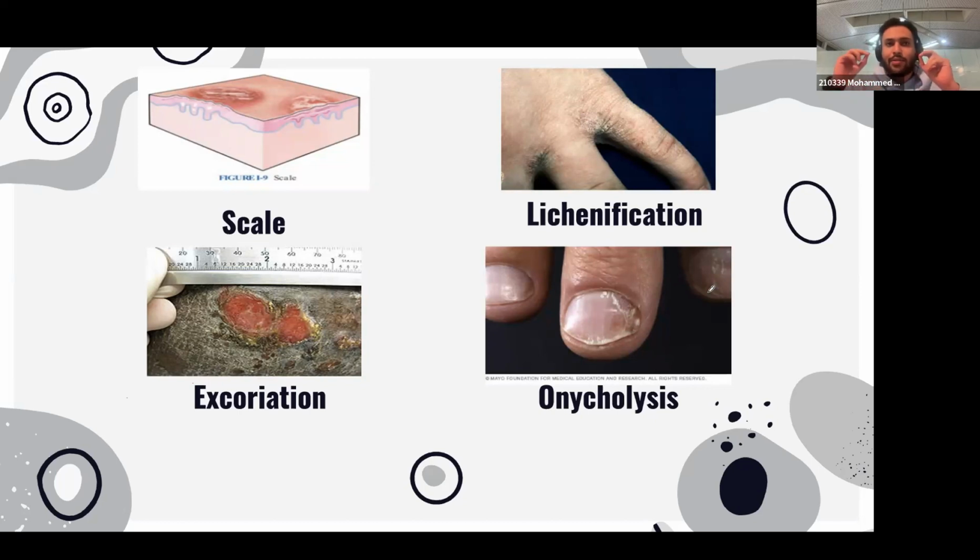However, the depth of the wall is what we describe as either erosion or ulcer. Okay, so lichenification, common disease, as I mentioned, is eczema. It's part of the atopy that happens. And onycholysis. What disease is this seen in? Very important disease.